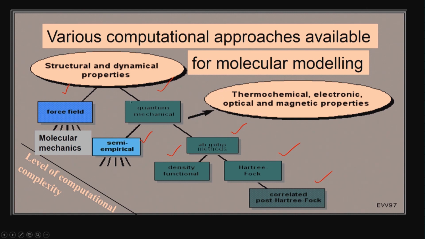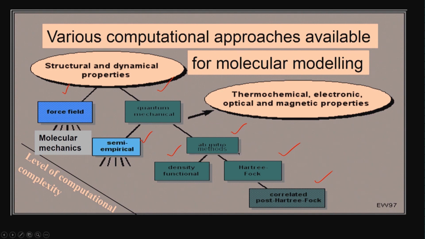Okay, so we can get a lot of information about the molecule as we go down in the complexity of the computation. Whereas if we want to look at a ligand binding to a protein, we do not go into quantum mechanics. We generally use a force field approach, because the force field approach can handle thousands of atoms, whereas quantum mechanics can handle only hundreds of atoms, and if you go to ab initio type of methods you can handle only tens of atoms.